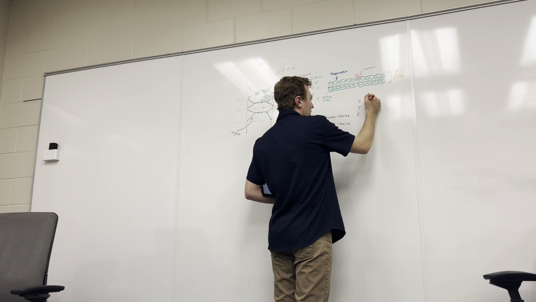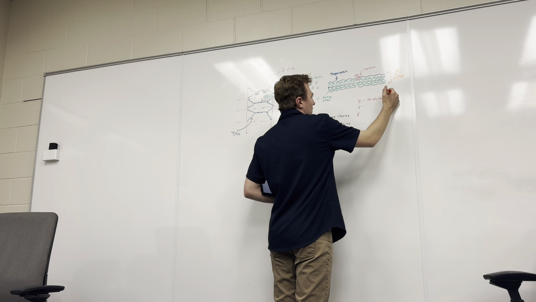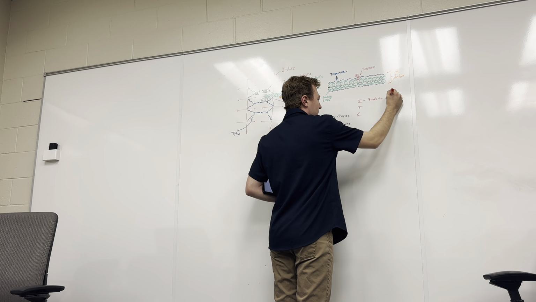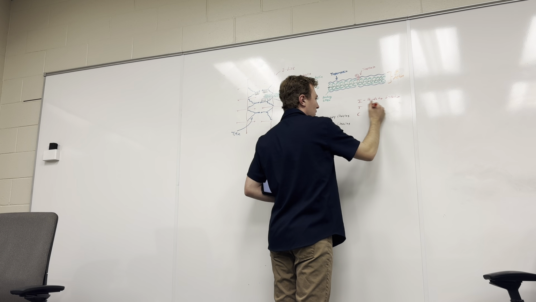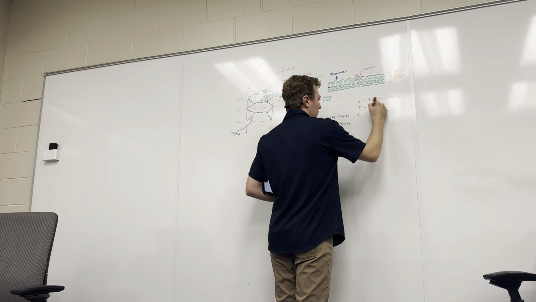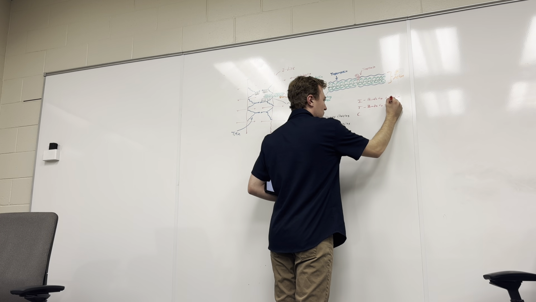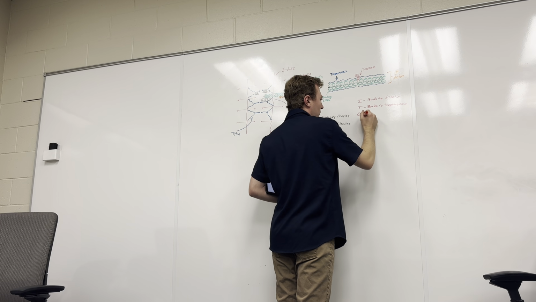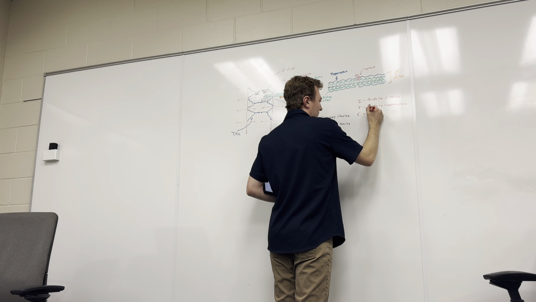So our I subunit binds to the G-actin. The T subunit binds to our tropomyosin. And our C subunit binds calcium.